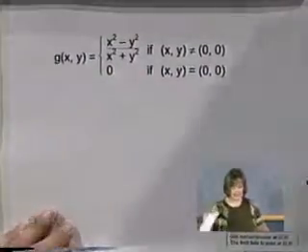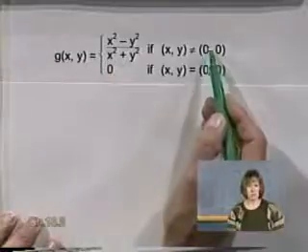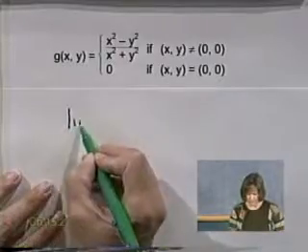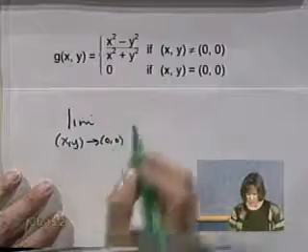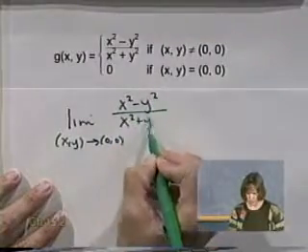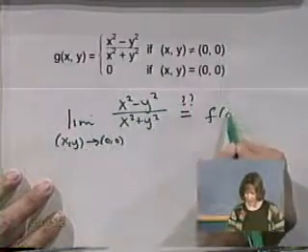Rational functions are defined everywhere on their domain, and its domain was all reals but the origin. But since now they gave it a definition at (0, 0), the question is, if I take the limit as (x, y) approaches (0, 0) of (x² − y²)/(x² + y²), will I get f(0, 0)?